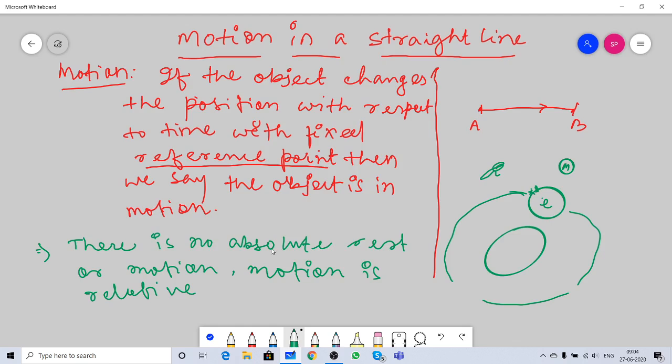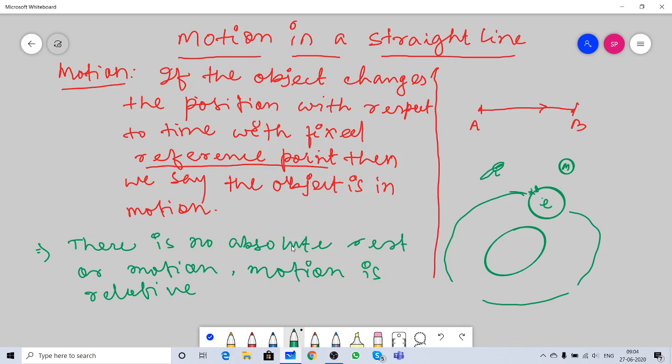So with this concept of motion, we will start our discussion of this chapter, rest and motion, and the different terminology related to rest and motion. The similar thing is also applicable for the concept of rest.